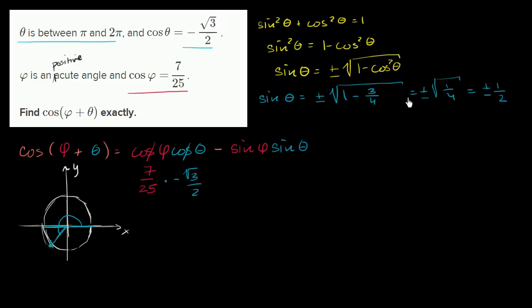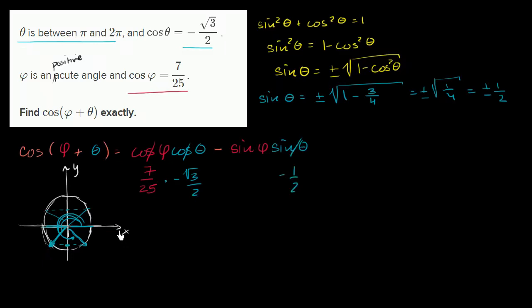So we're saying sine of theta is either positive 1/2, which could mean it's one of these angles right over here, or negative 1/2, which means it's one of these angles right over here. We don't know if theta is this angle or this angle, but we know if it's in the third or fourth quadrant, the sine of it is going to be non-positive. So we know that for this theta, sine of theta is going to be negative 1/2.